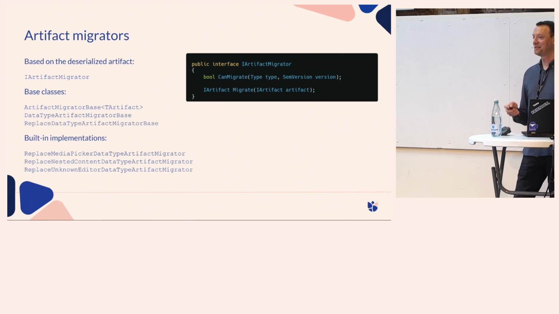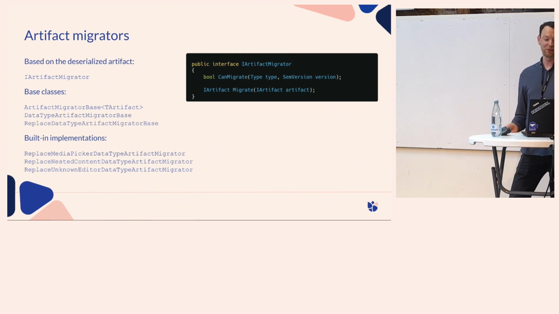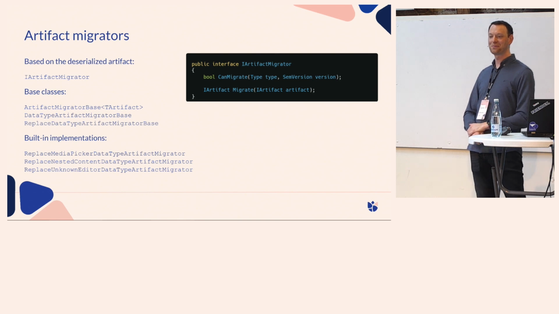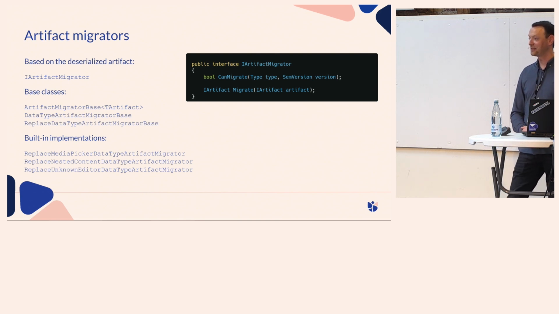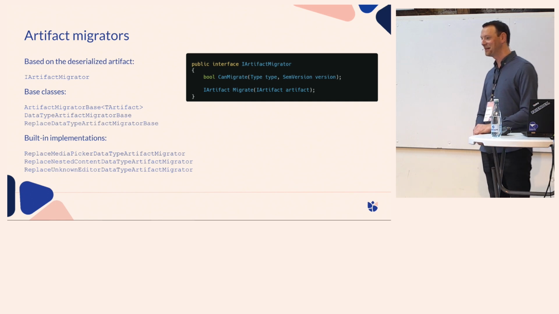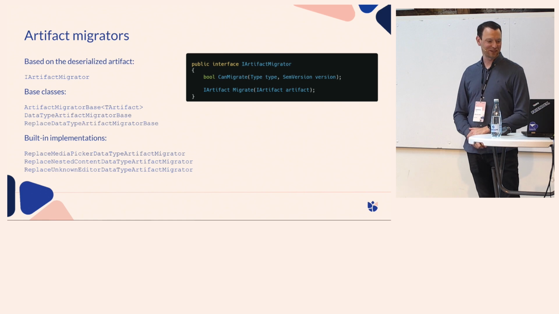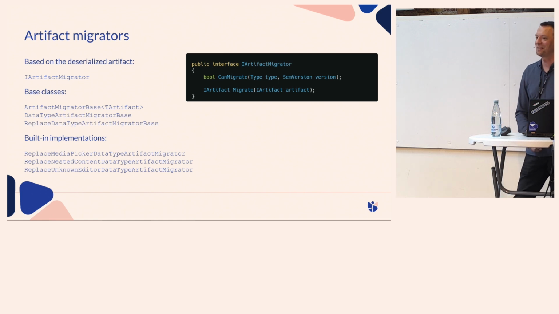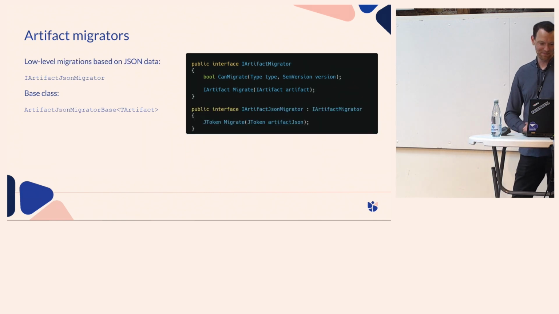And if you don't have an alternative for a property editor in a new version, you can also have a catch-all type of migrator that will make sure that any unknown property editors are replaced with a label. We are developing a migrator for the legacy grid layout and moving that into the block list or the block grid as well. But because the structure is quite complicated and different between those editors, it still has some challenges, but I'll leave that for a little bit later today.